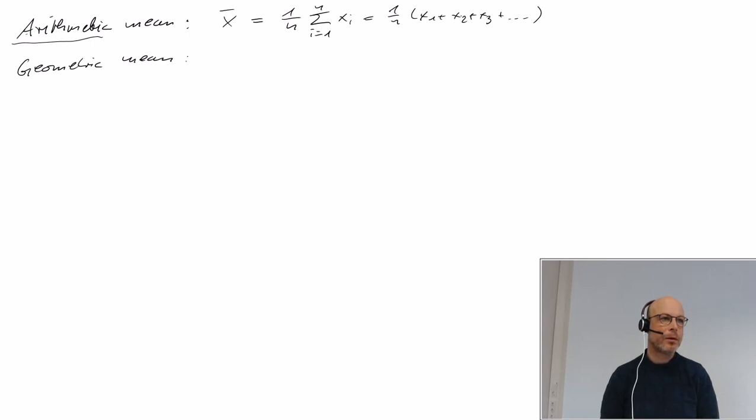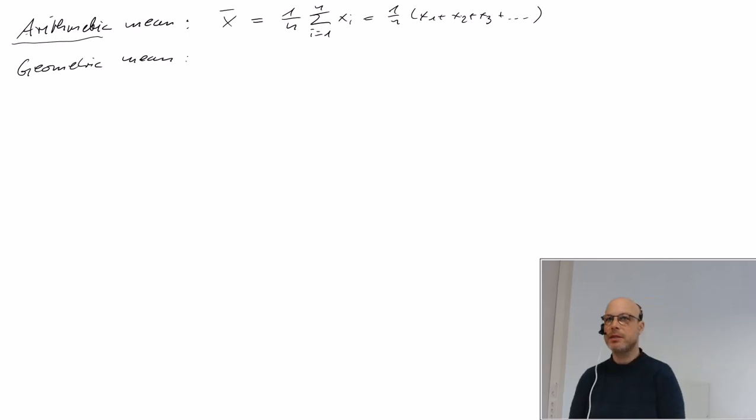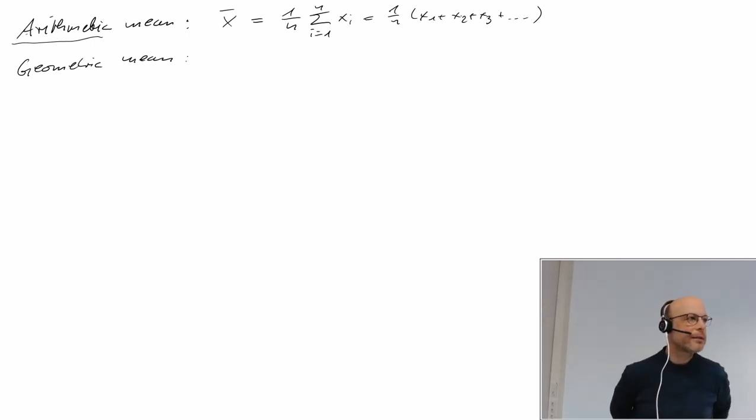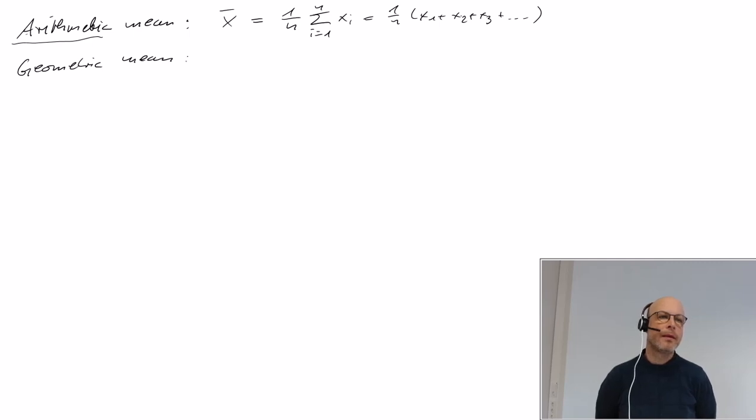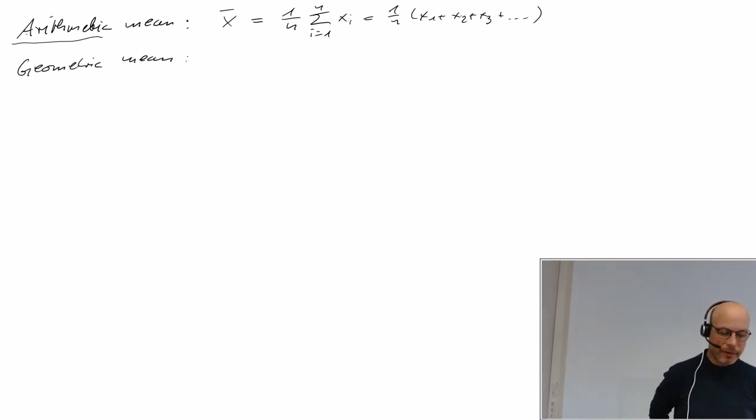And quite often when you want to make some investment decisions and you have different financial products, then you want to average different interest rates. And this you should not do with the arithmetic mean. This you should do with the geometric mean.